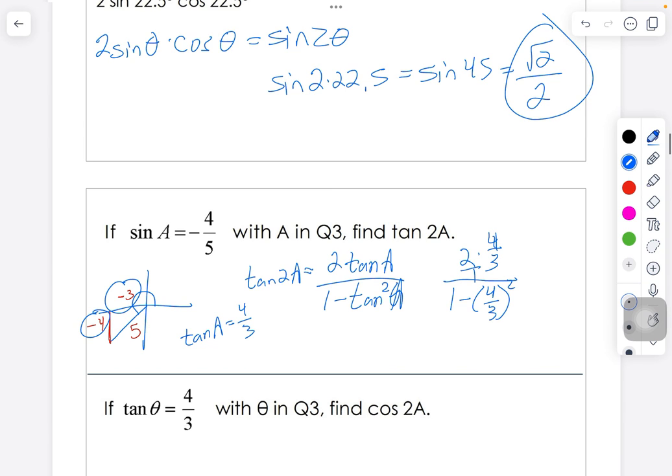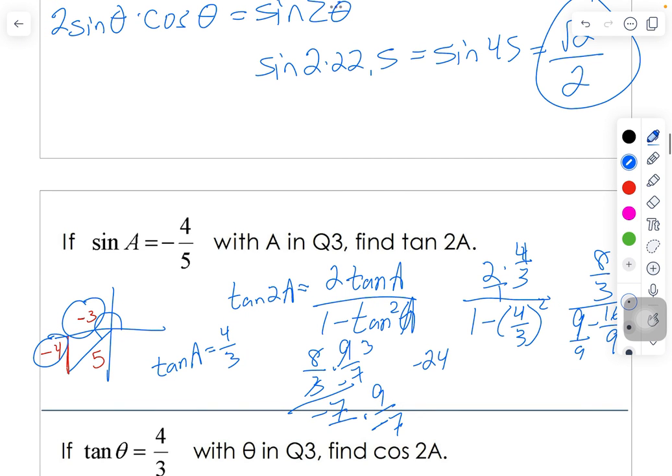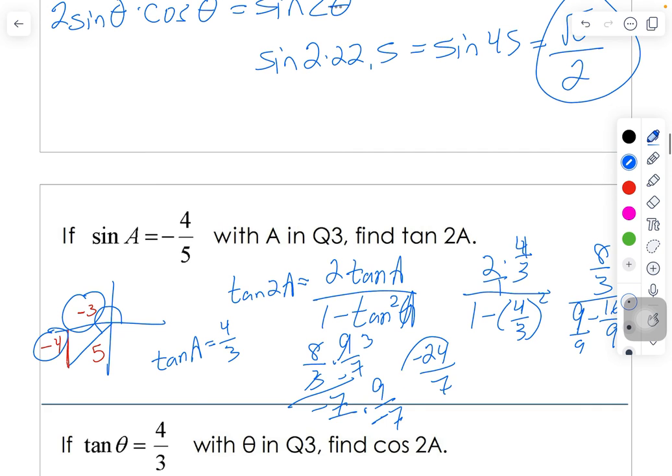So here I've got 8 thirds on my numerator. And on the bottom, I got 1 minus 16 ninths. So if I get a common denominator of 9 over 9, that is going to be over negative 7 ninths. Do a little multiplying by the reciprocal, and I am going to reduce that by 3. So I got negative 24 over 7 for that tangent.